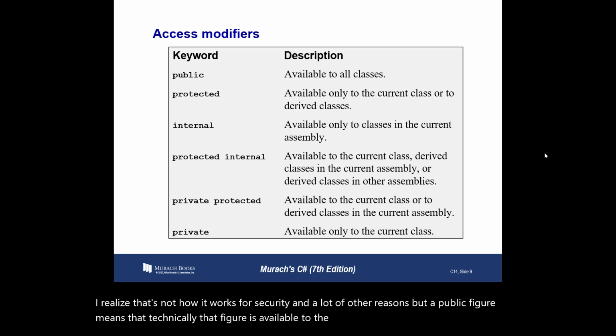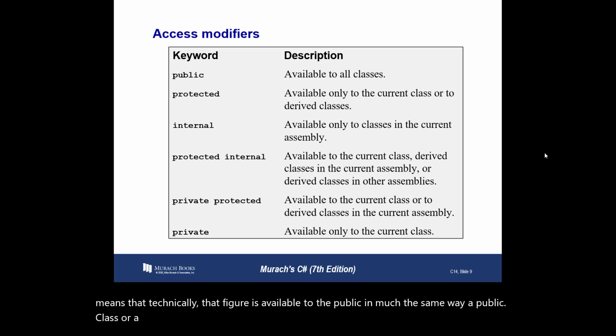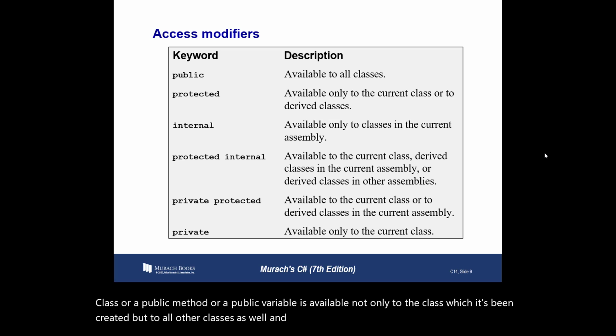In much the same way, a public class or a public method or a public variable is available not only to the class in which it's been created, but to all other classes as well. And again, remember, it's very rare that you will ever have a public variable.